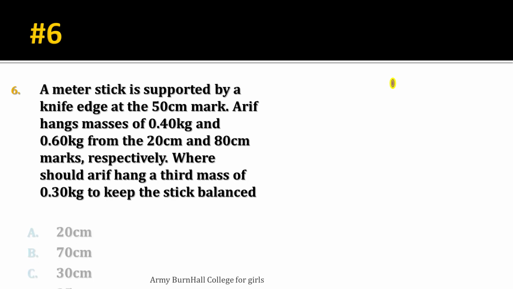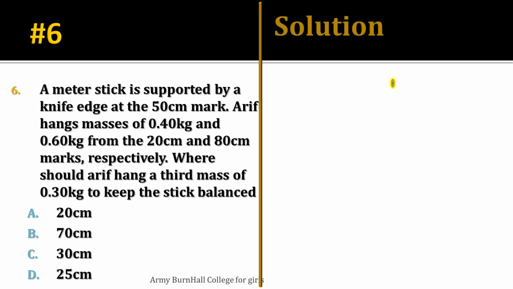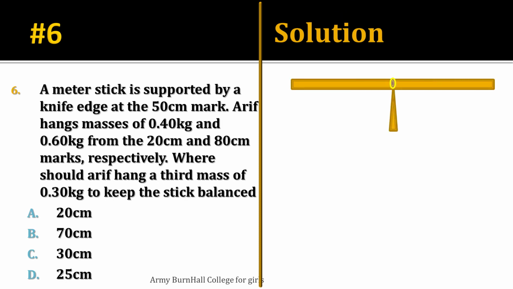Four options are given: 20 centimeter, 70 centimeter, 30 centimeter and 25 centimeter. So what are the given values? We have a meter rod which is balanced at the 50 centimeter mark.